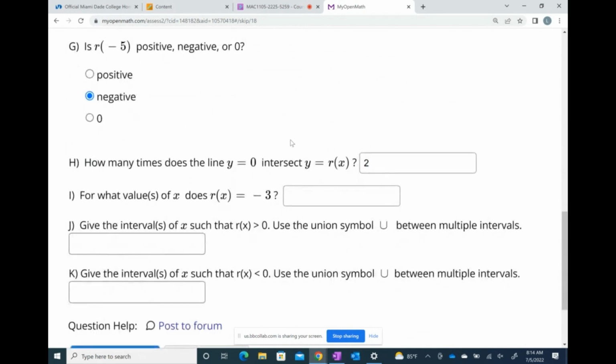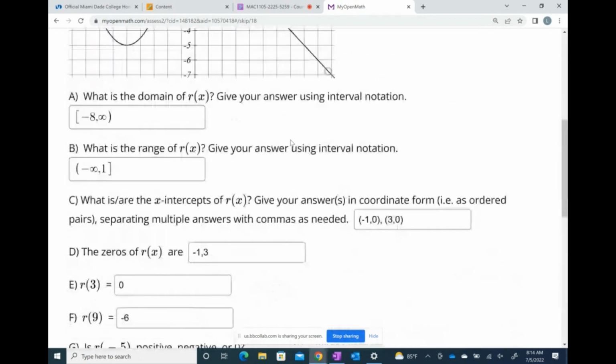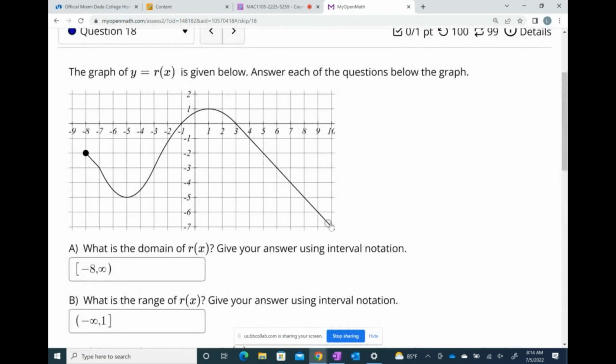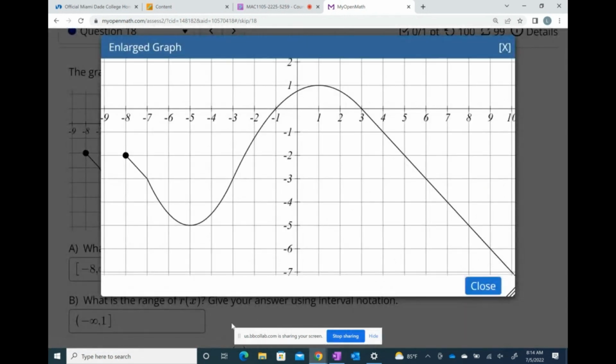Okay. Next. For what values of x does R of x equal -3? In other words, here we're solving an equation. Okay. So what will be the solution to this equation? So we're solving the equation R of x equals -3.